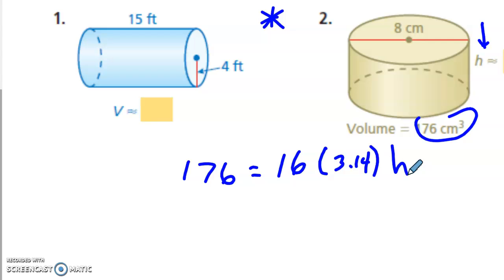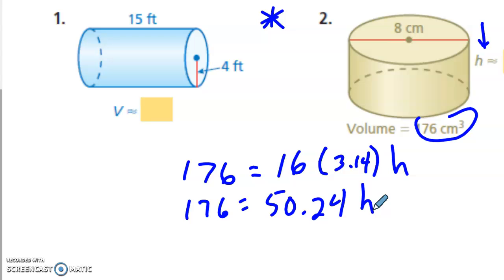If we want to do it algebraically, it's going to look like this. 176 equals 50.24 multiplied by the height. Divide each side by 50.24.